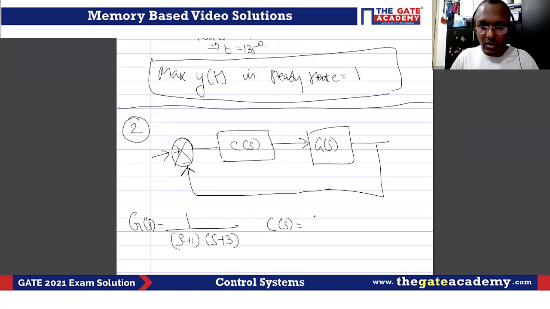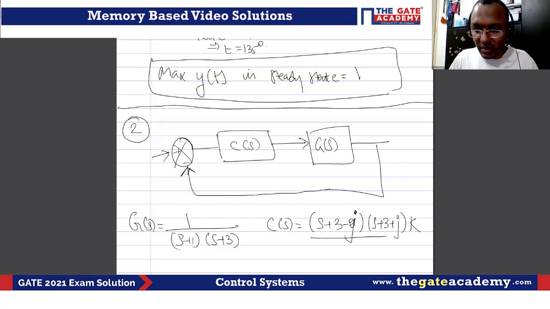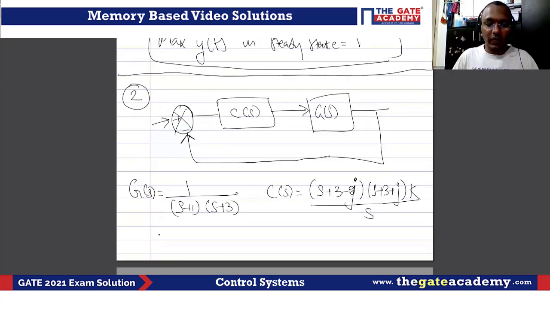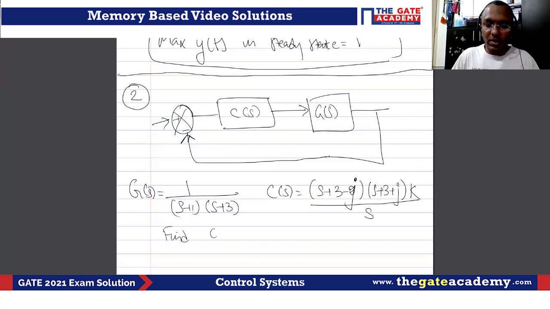C of S is equal to (S plus 3 minus j) into (S plus 3 plus j) into K divided by S. Find the condition on K for stability. This is the question.